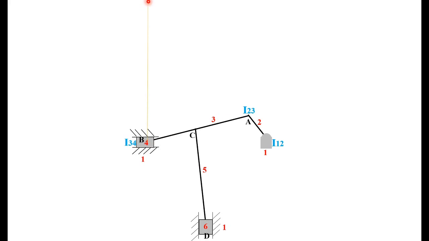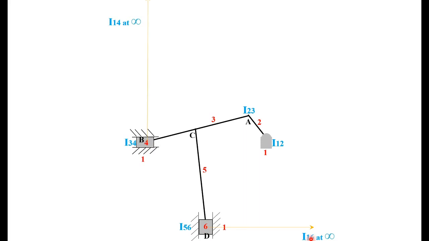You draw the arrow also. That is I14 at infinity. Next I56. 5 and 6 are joined at this point, that is I56. Then I16 again at infinity, because 6 is another slider that is moving in the vertical direction, therefore the direction of infinity is horizontal. In the usual case the slider is horizontal, so the direction of infinity is vertical. So I16 at infinity.